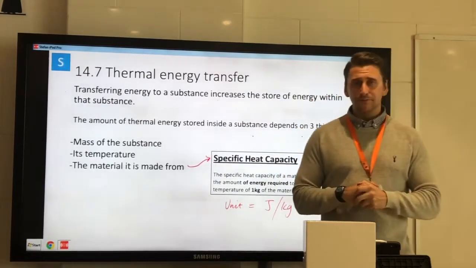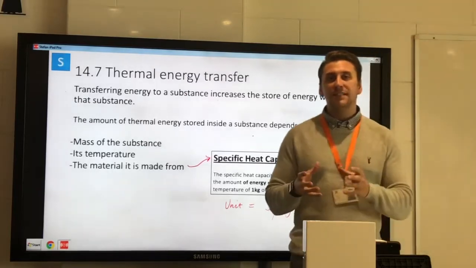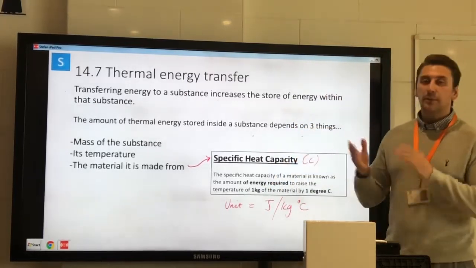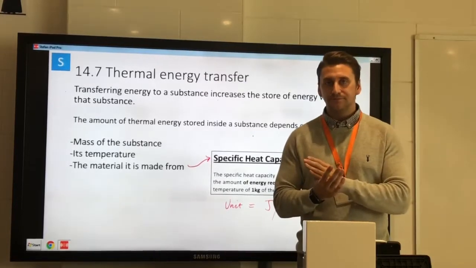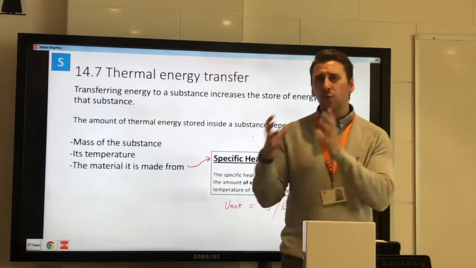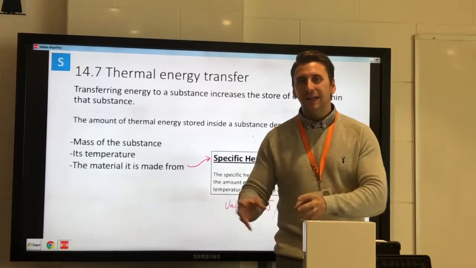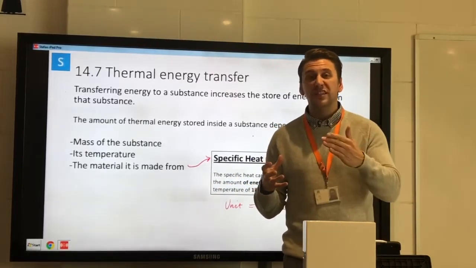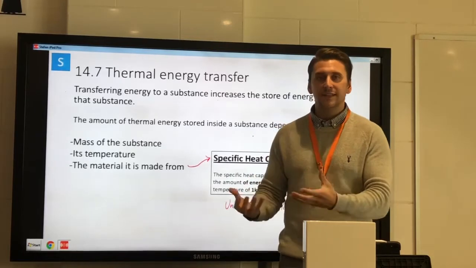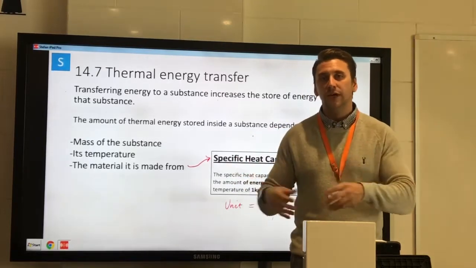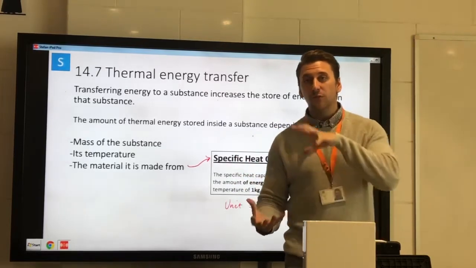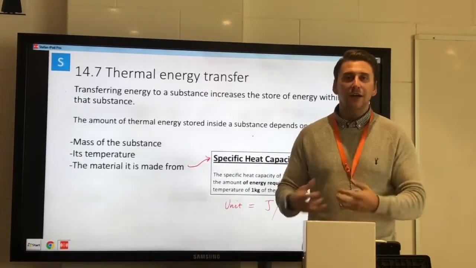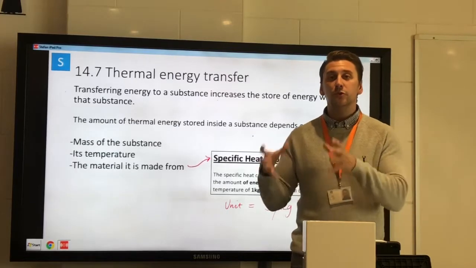Water, for example. Water has a specific heat capacity of 4,200 joules per kilogram degrees Celsius. Which means that if I had 1 kilogram of water, and I wanted to heat that water up by 1 degree Celsius, let's say it starts at 20 degrees, I want to take it to 21, that 1 degree Celsius change of 1 kilogram of water would require 4,200 joules of energy.